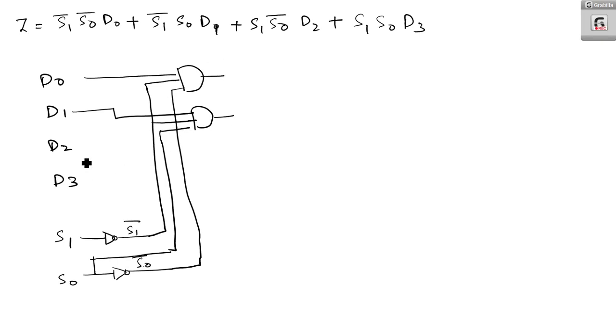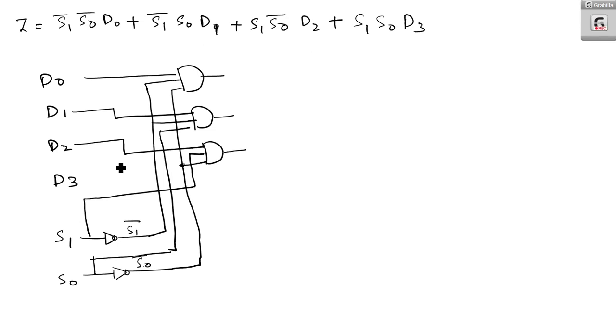Third term is we are having D2 as an input: D2, S1, S0 bar. So this one is S0 bar. So that is the next input.